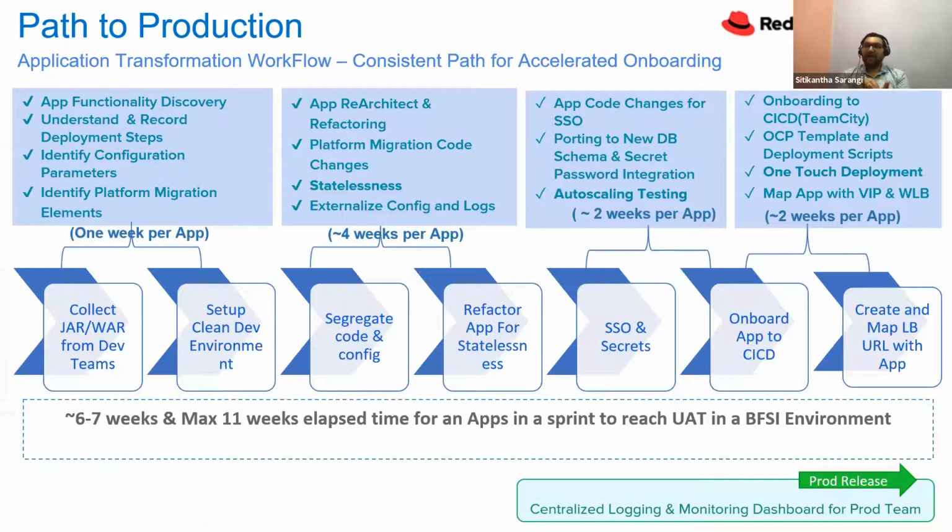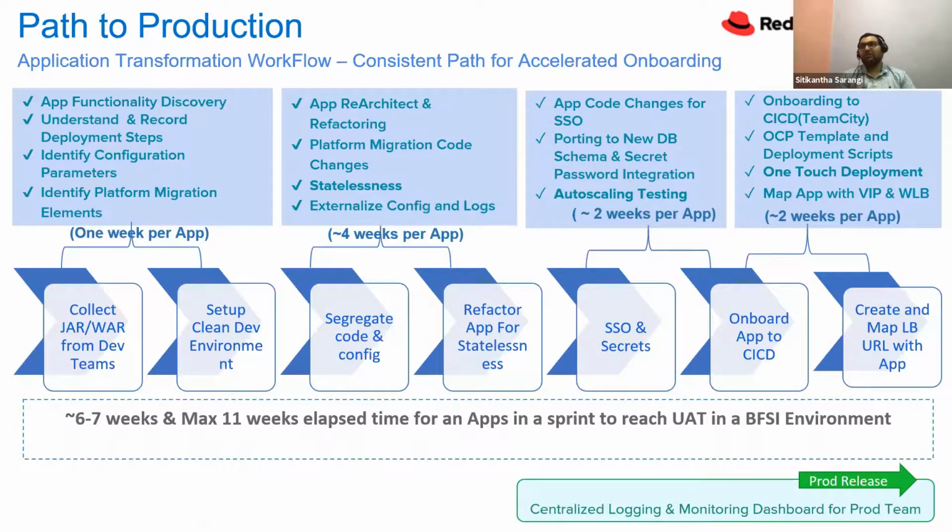Then we have to see whether this application is being used with other integrations or other applications, and how the application is performing. All these things will happen in production, but the most important thing is mapping your application URL with the existing load balancer setup and the DNS setup that the organization has.